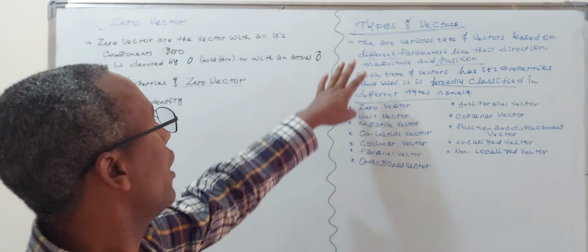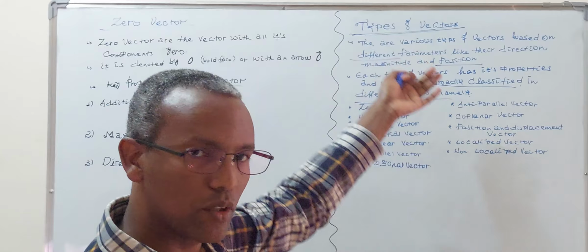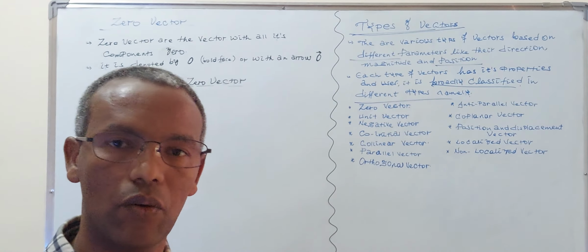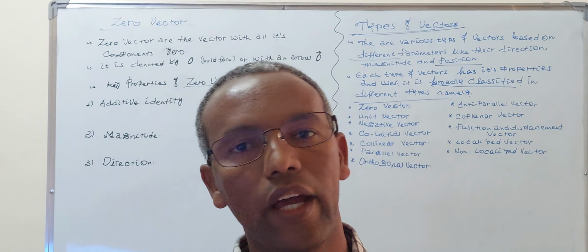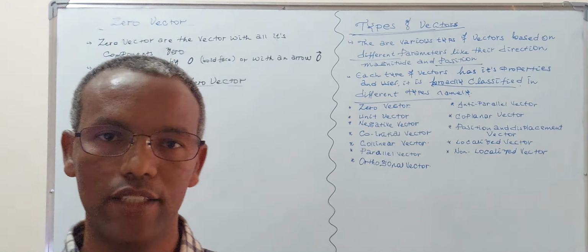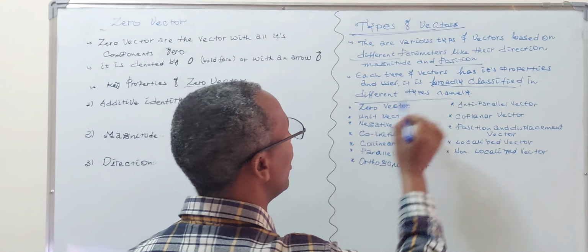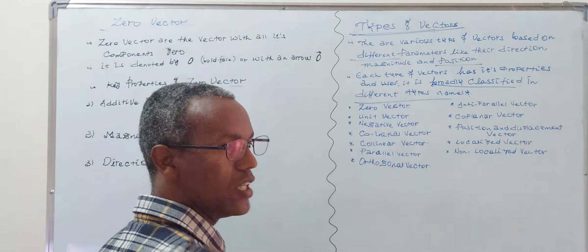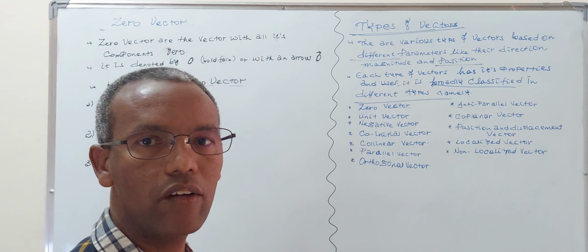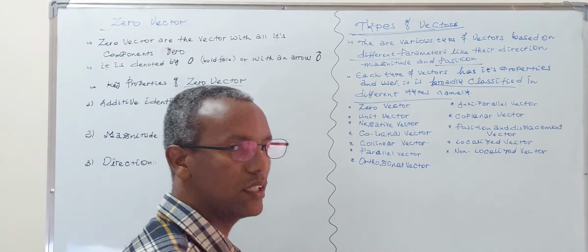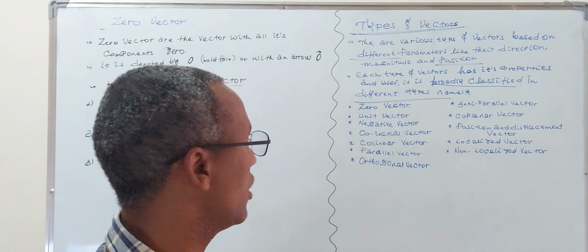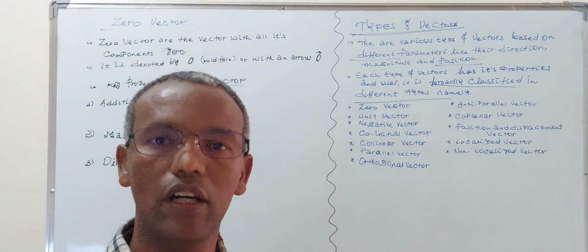Like I said, we can classify a vector quantity based on direction, magnitude, as well as position. There is a list of vector quantities over here, so that you can read it by yourself and use it as a reference.